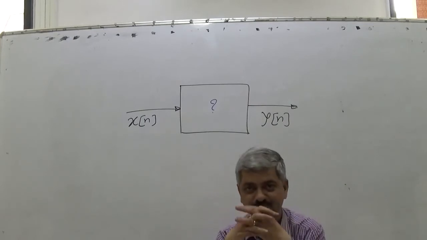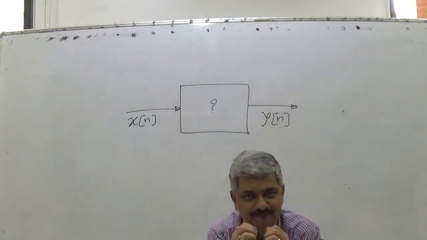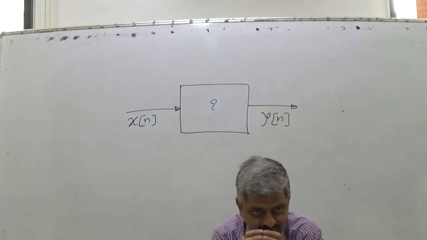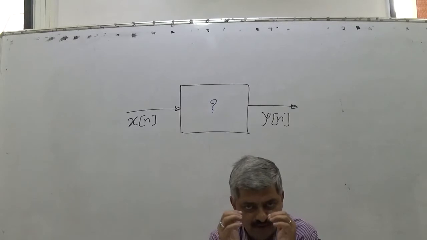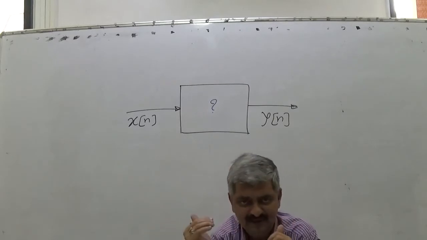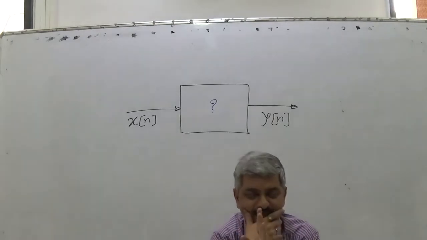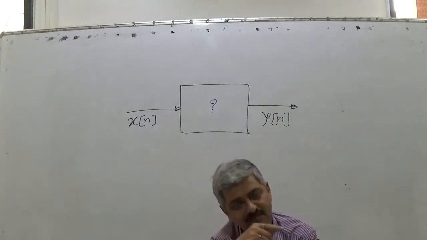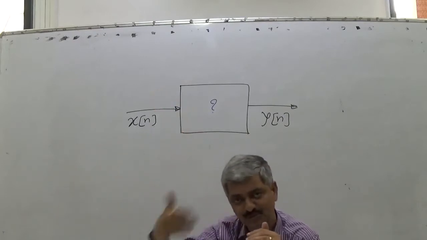So what is a system? In general, listen very carefully now. Input samples are coming, they enter the system and output samples come out. Xn is continuous in the sense that samples are coming throughout.